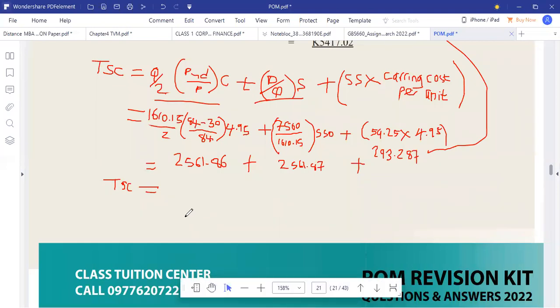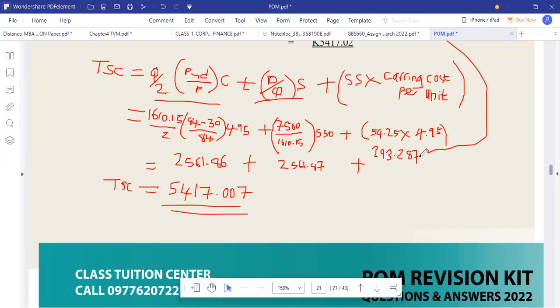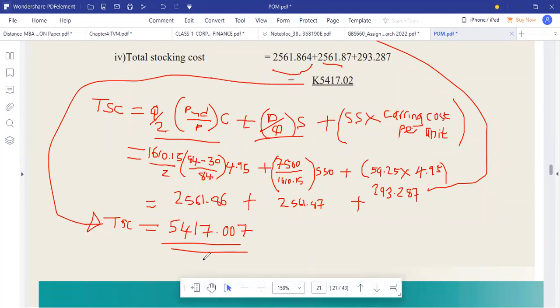So this is it to be 5417.007. This is the total stocking cost due to safety stock, which is almost the same as just this one. So this is how they got to the total stocking cost.